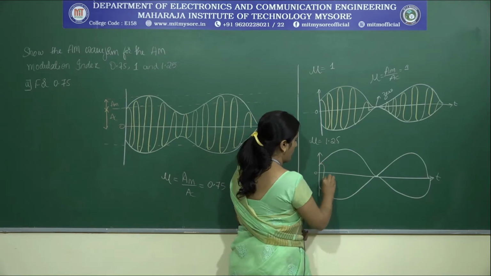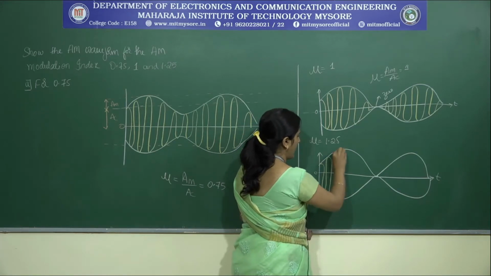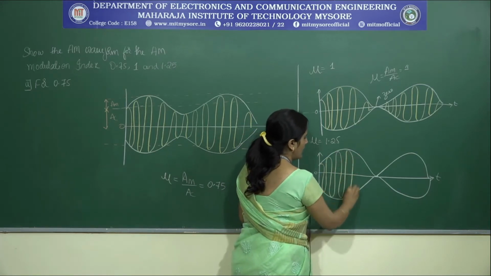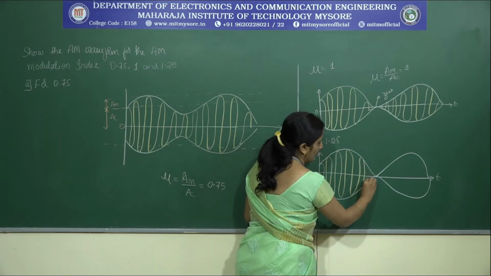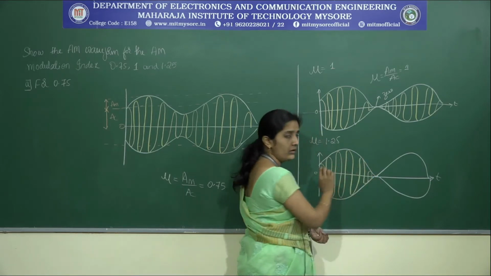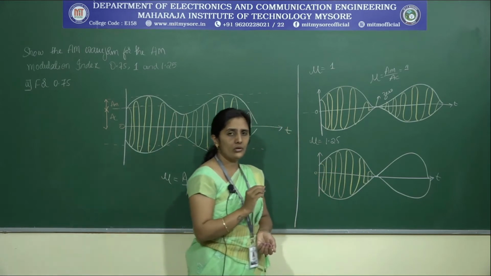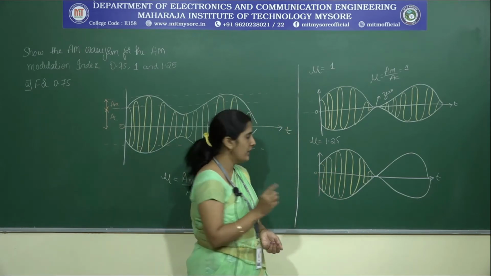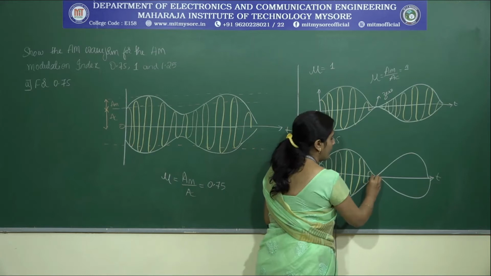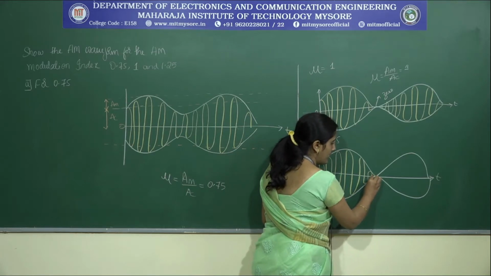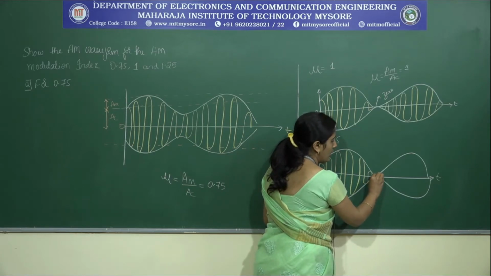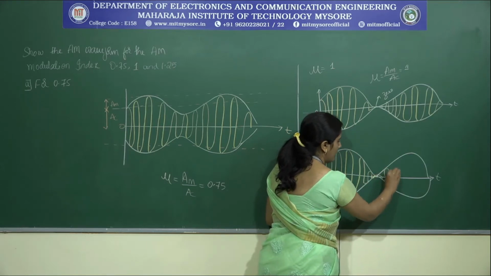In order to represent the carrier wave, here what is going to happen if the modulation index is more than 1 is phase reversal. Here you can see this has to go to the positive, instead of that we are going to get the phase reversal here.